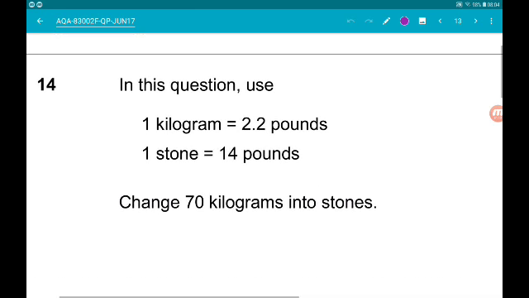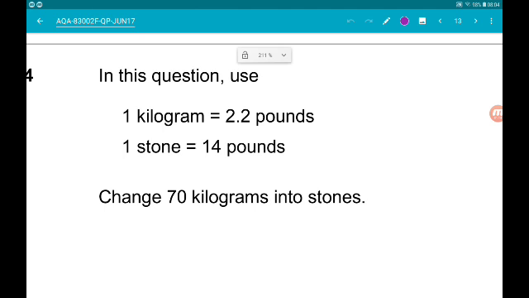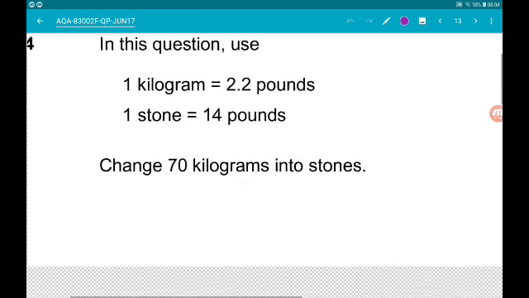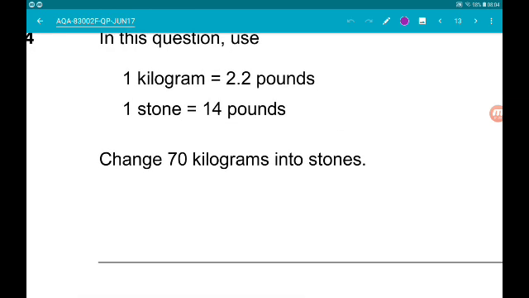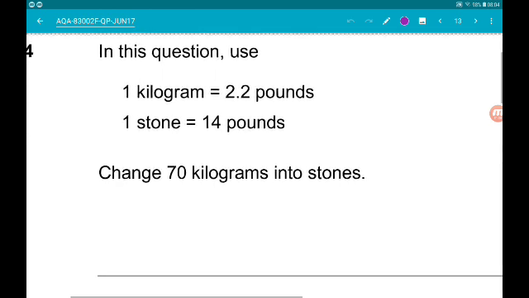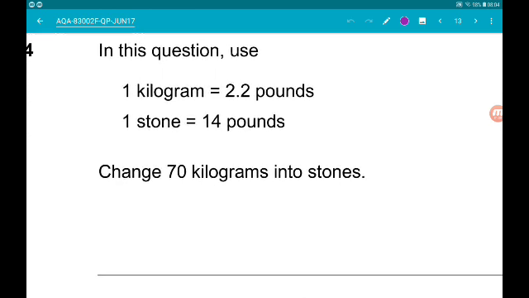Okay, 14. In this question, use 1 kilogram is 2.2 pounds. 1 stone is 14 pounds. Change 70 kilograms into stones. Okay, so unit conversion. So we know that every 1 kilogram is 2.2 pounds.